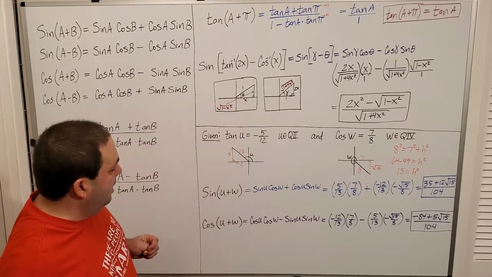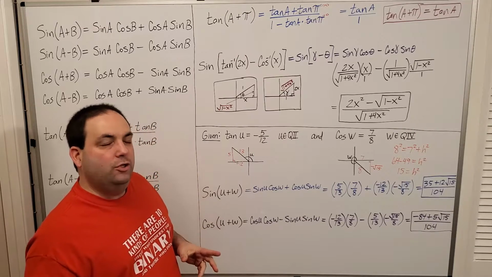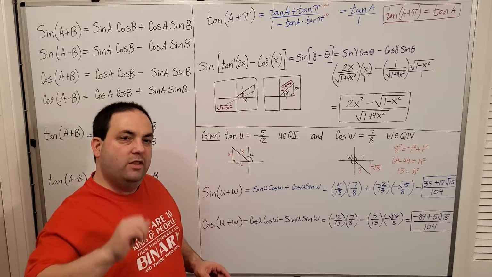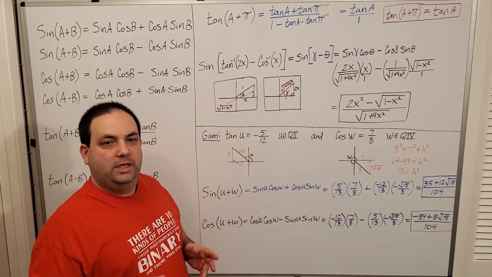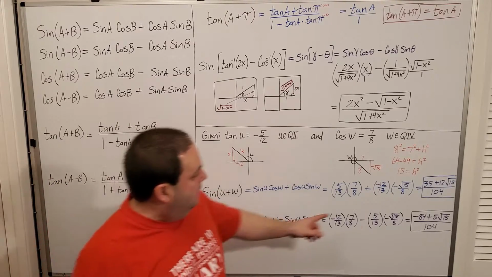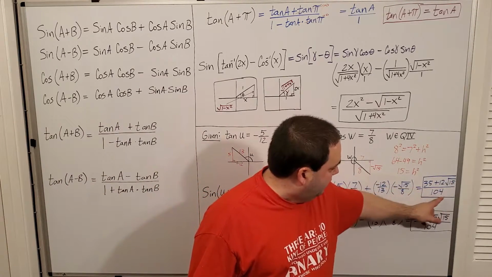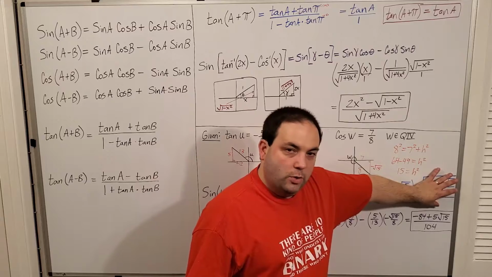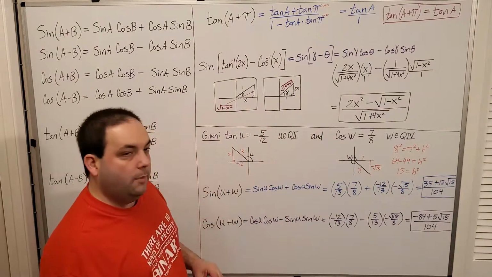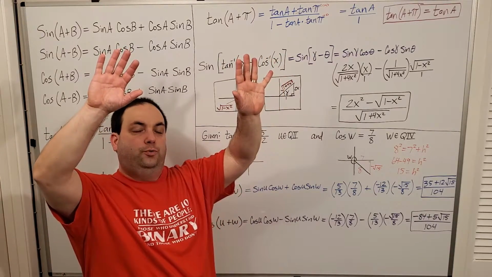On top of that, I can accurately tell you which quadrant the angle u plus w is, even though I don't know what the actual measurement is, right? Think of this. The sine is positive, because look, everything here is positive. So whatever this ratio is, it's a positive ratio. Okay? So that means u plus w is either in quadrants 1 or 2, right?